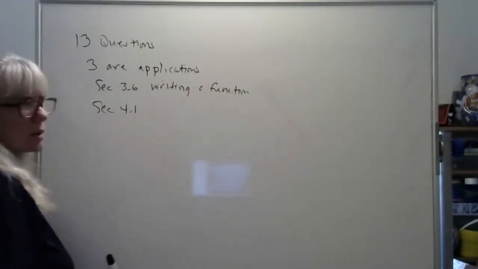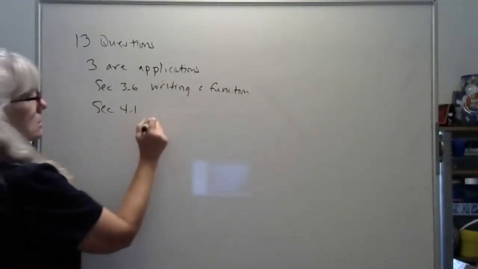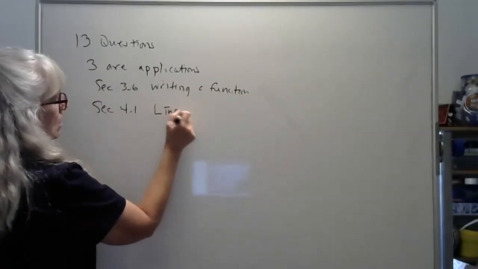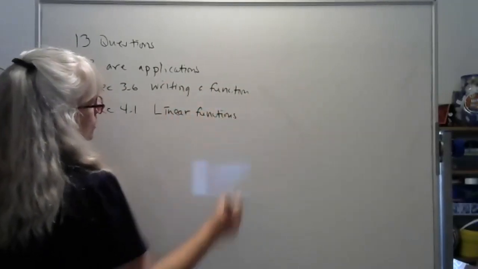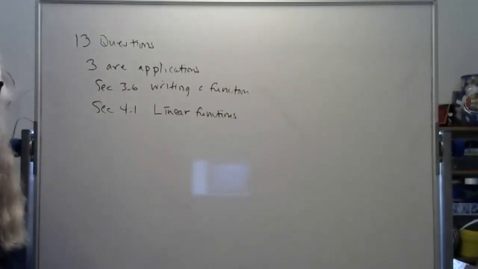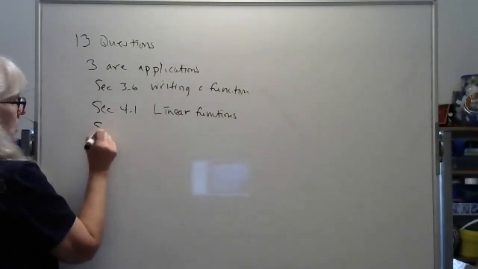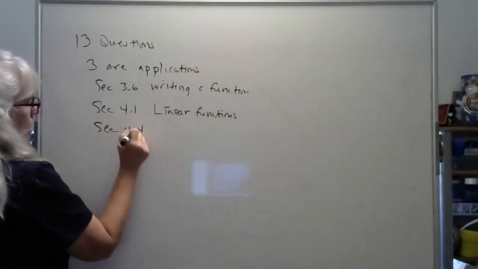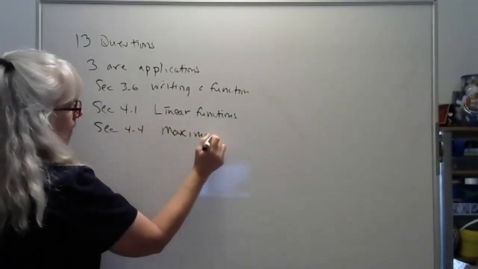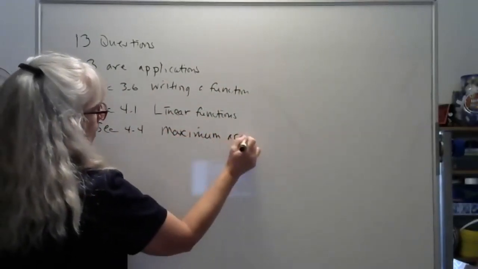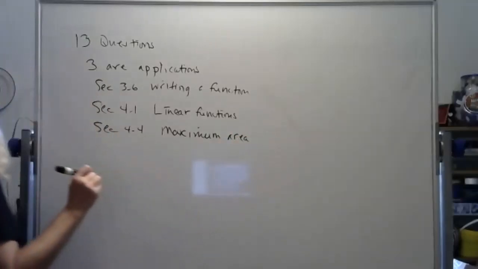I did not do one of those because I figure you guys can do those. These are the linear functions. So like the cost of renting a truck is so much plus so much a mile, those kinds of problems. And then we just did one from section 4.4, which is a maximum area problem. And those are the application problems.